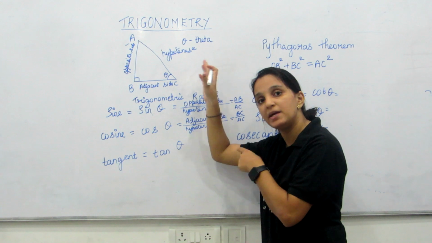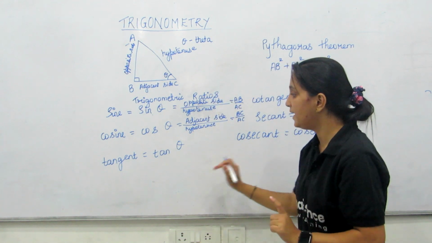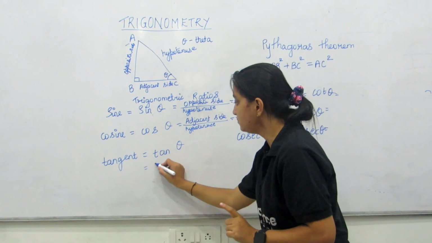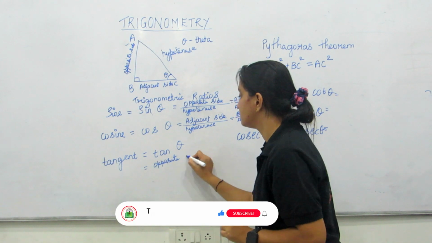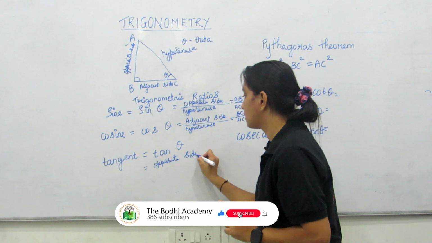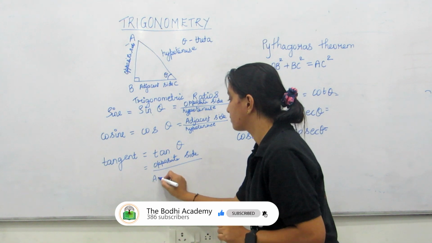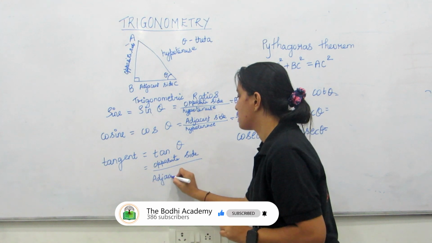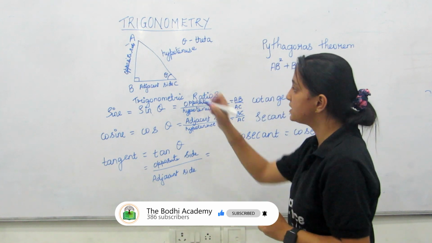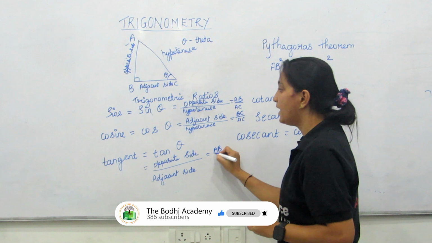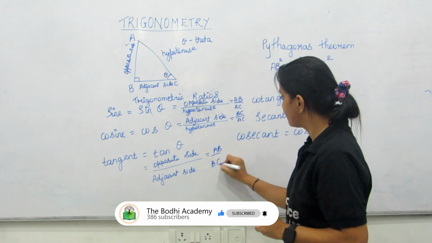Hypotenuse side will remain as hypotenuse side. Tan theta is opposite side upon adjacent side, which will be opposite side is AB and adjacent side is BC.